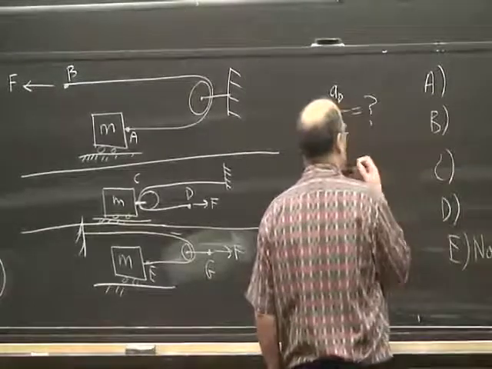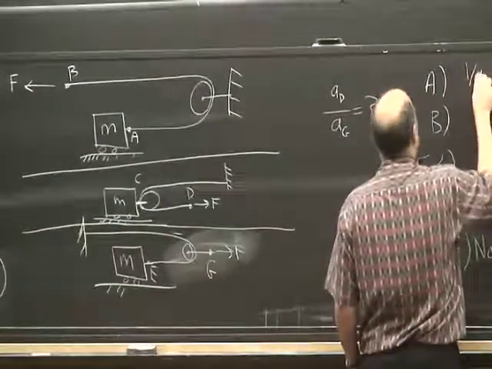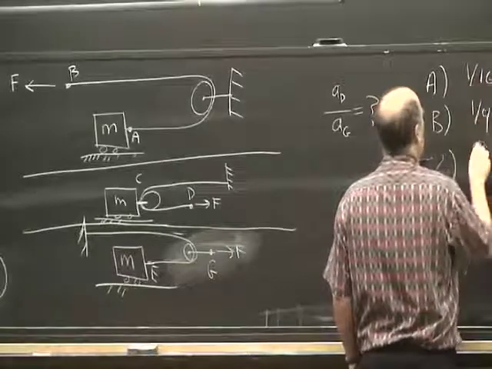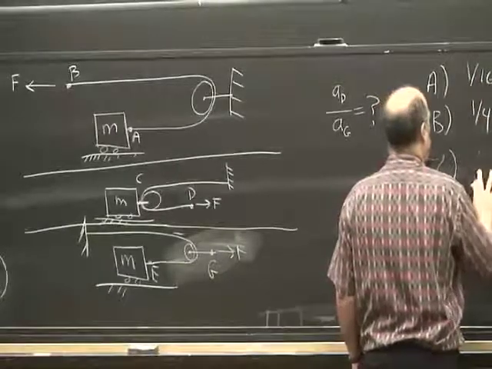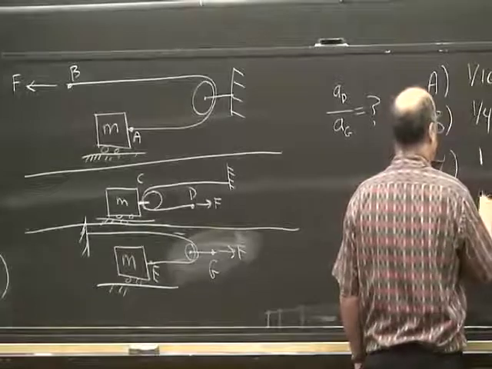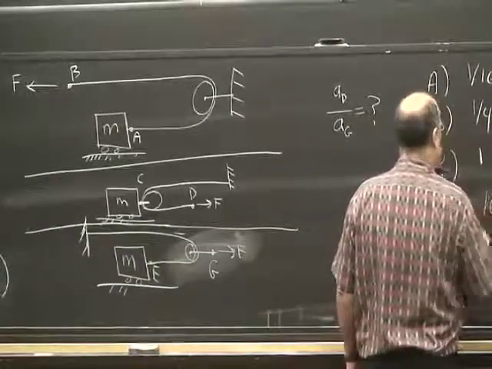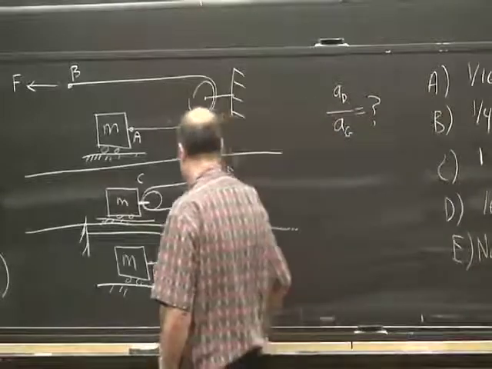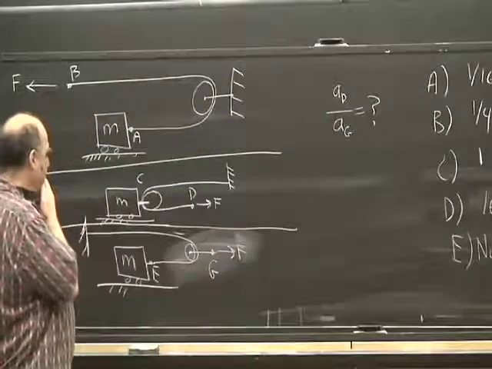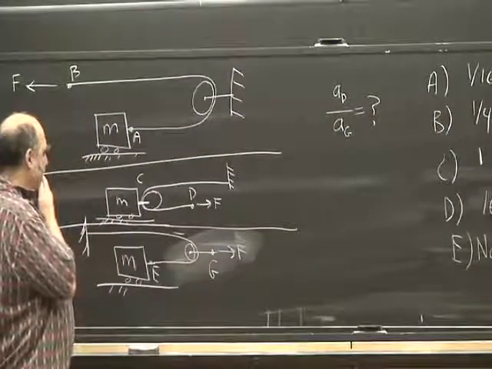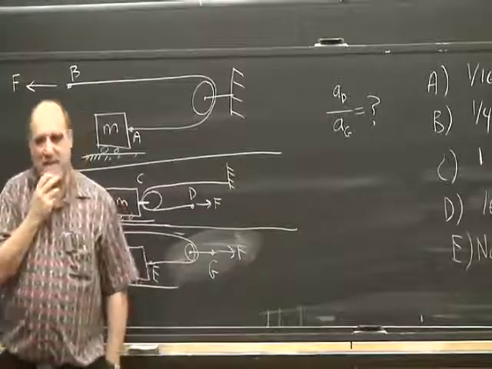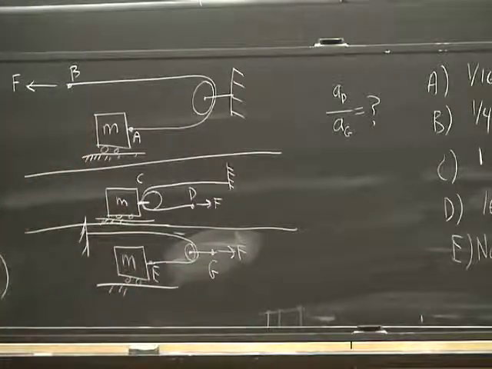And let's see, I could go 1 over 16, 1 over 4, 1, 4. No, let's put something wild here, something like that. Okay. So why don't you think about that for a few minutes while my computer starts up.